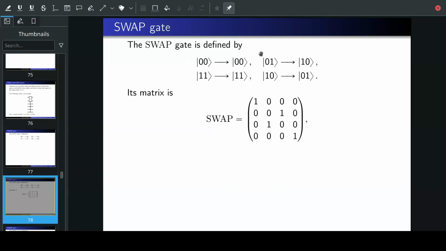We know how it acts on a basis, so we can write down the corresponding matrix. As you can see, it swaps the corresponding vectors.